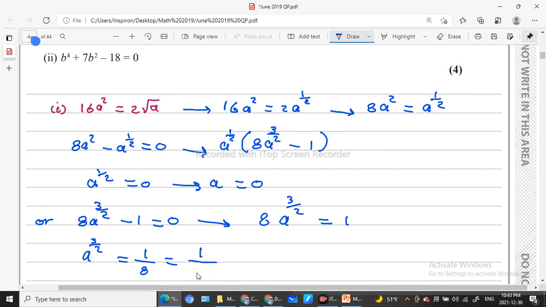One over 8 is 2 to power 3, which equals 2 to power negative 3.